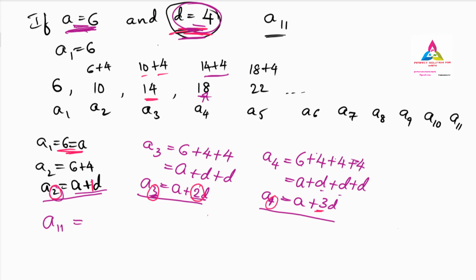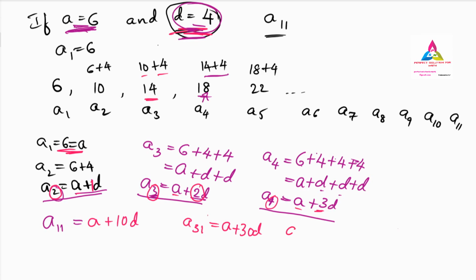If you want to find the 11th term, a is common everywhere. a will not change. So a as it is plus, for the 11th term, 1 less, that is 10d. So a11 is nothing but a plus 10d. Similarly, if you want to find a31, it is a plus how much d? Here you have 31, so you write 30d.